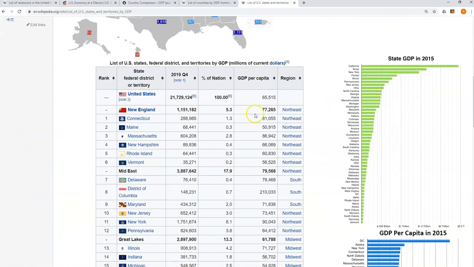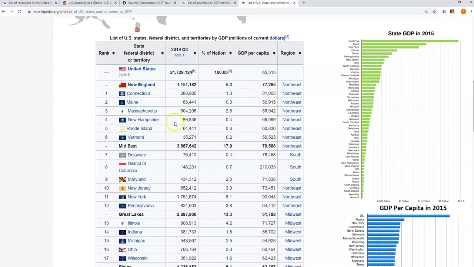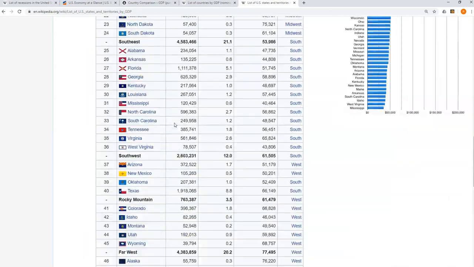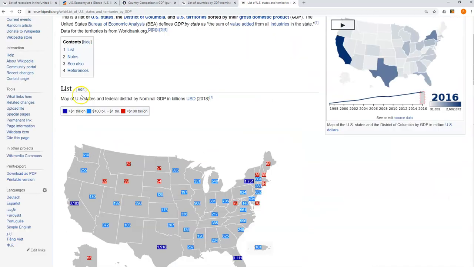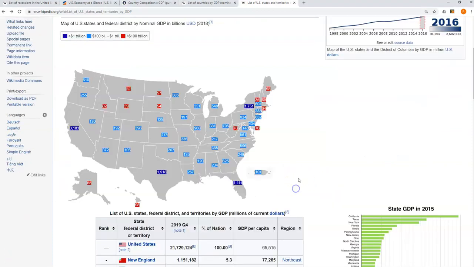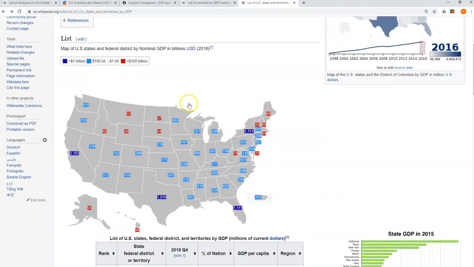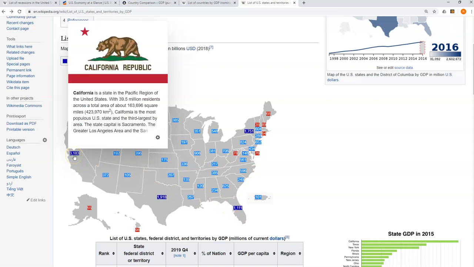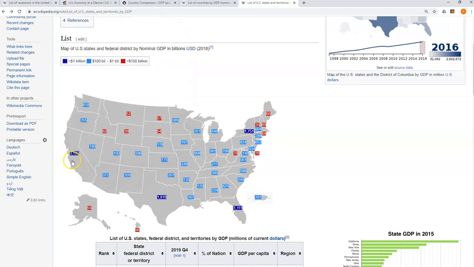The largest GDP in the US. So this map over here has the GDP in the US by state, and the largest state in the union is California, and GDP is about $3 trillion by itself.